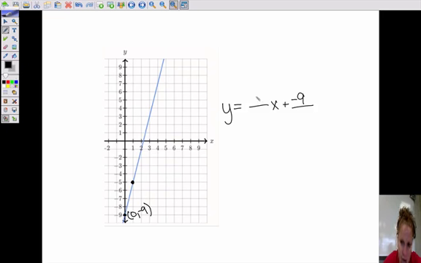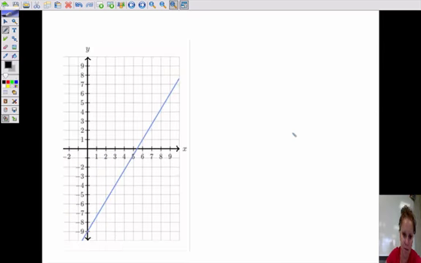I'm rising up, so my rise is positive, and it looks like I'm rising up 4. From -9 to -5 is 4. And I'm running just 1. So my equation is y equals 4 over 1 x, and then instead of plus and negative, I can just say -9. And we are done. Simple as that.